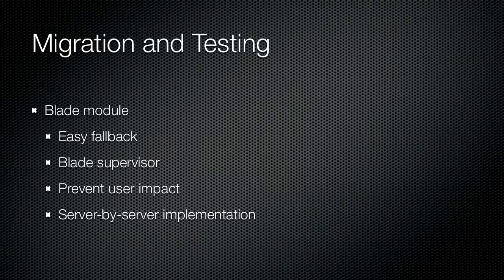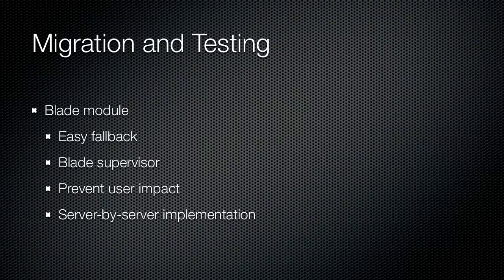For the migration and testing phase, the migration will be the installation of the blade module, which is the firewall. There is an easy fallback for this migration, for this installation, which is basically just turning off the firewall or uninstalling the firewall.